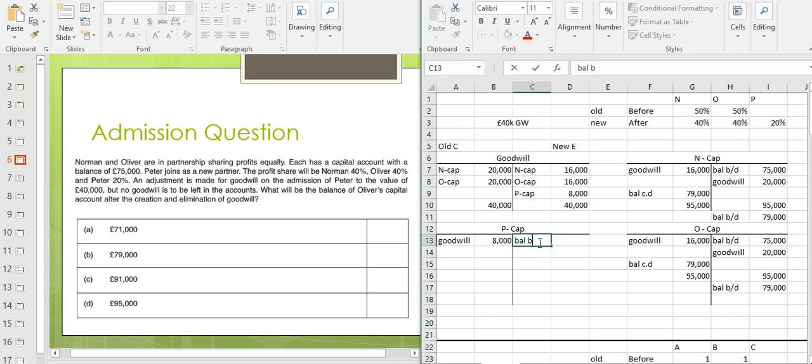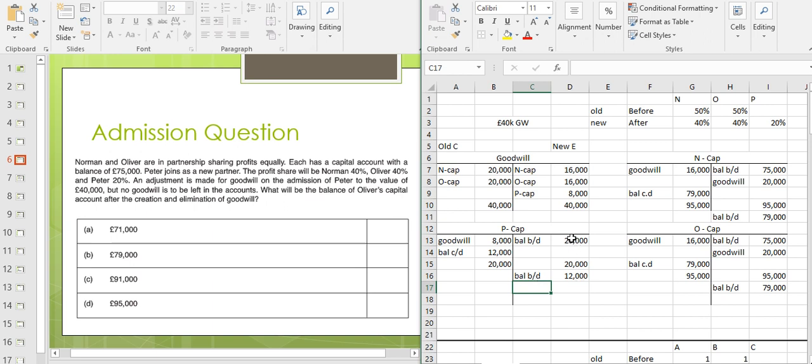However, if we say, for example, this person brought in, I don't know, £20,000, well, if you balance off the account, balance CD above, and we have 12, and we have BAL BD 12 there. Okay, think about it.